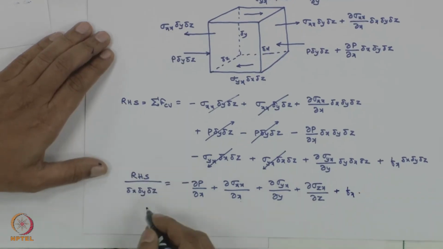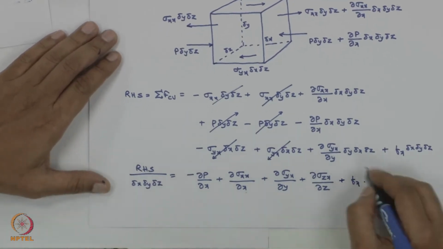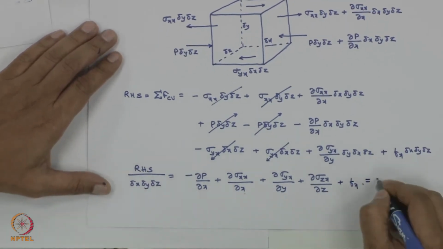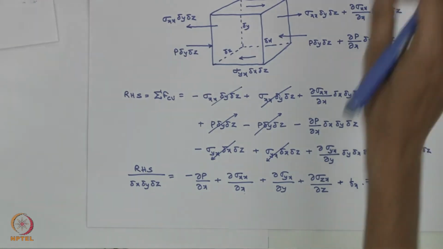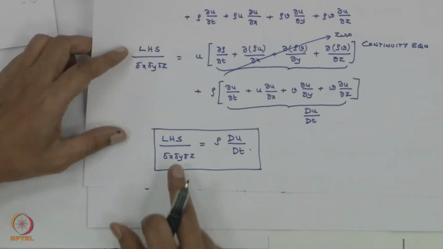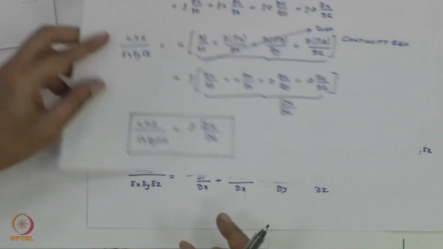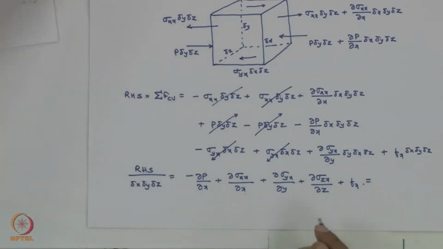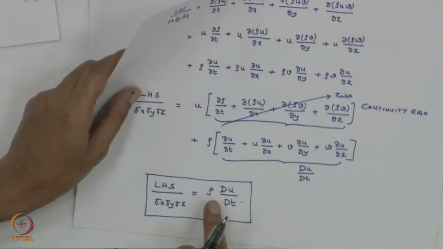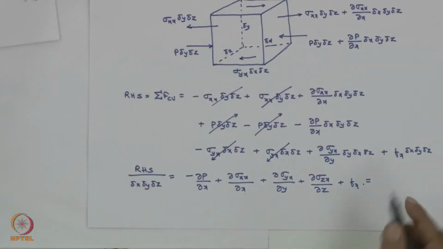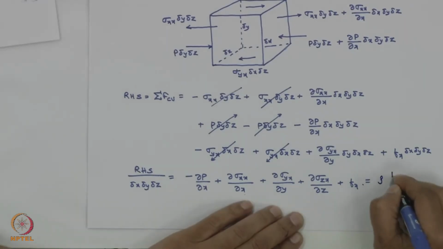So which is actually equal to, if you recollect, what had we got for the right hand side? LHS upon delta x delta y delta z, that is rho du by dt. So I can equate this to rho du by dt.